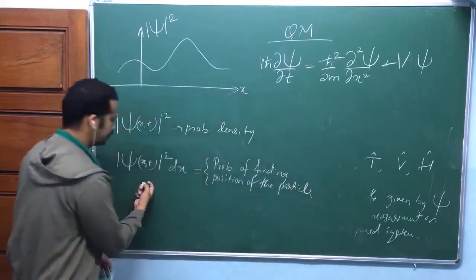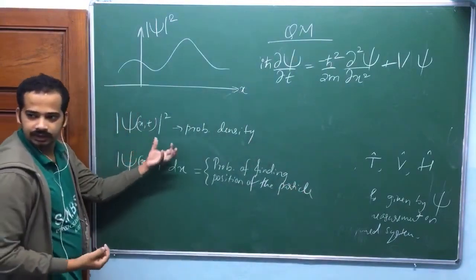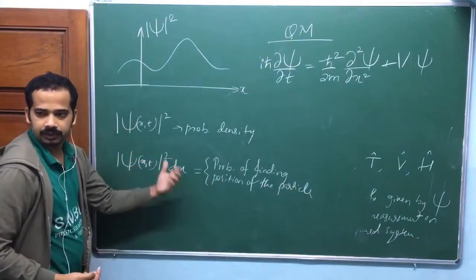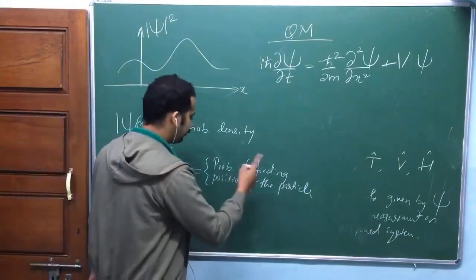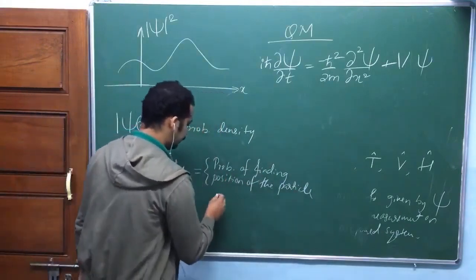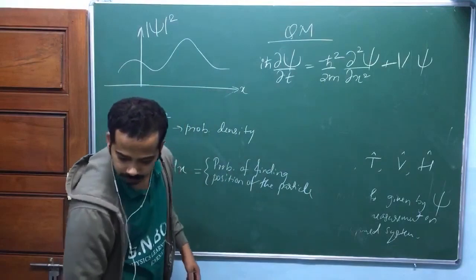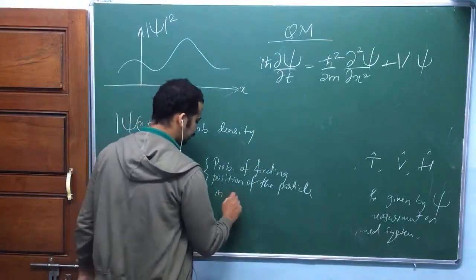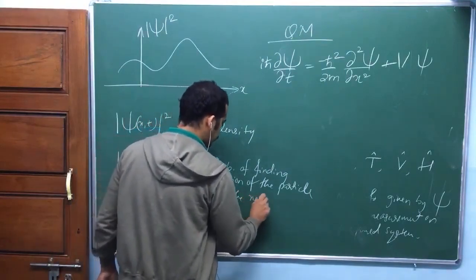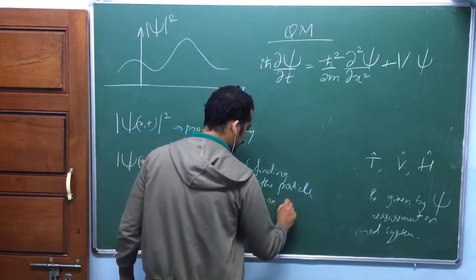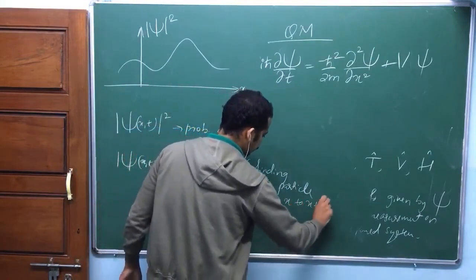You better define this one first, then you can see that this is a density per length multiplied with length. Probability of finding the position of the particle in a very short region, x to x plus dx.